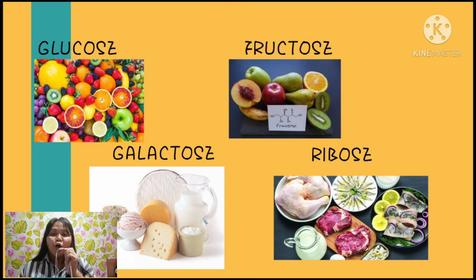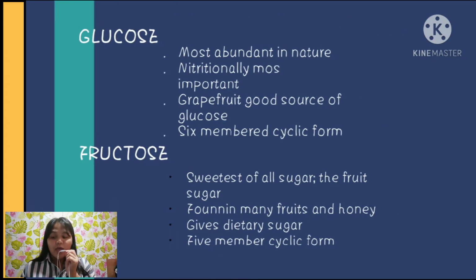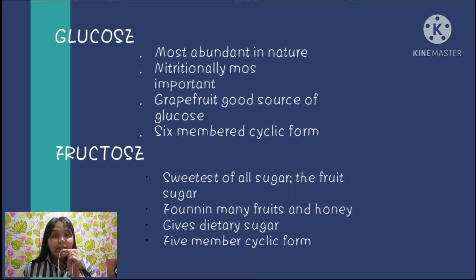So let's define all those biochemically important monosaccharides. Glucose is the most abundant in nature and nutritionally most important, and a good example of a glucose source is grapes.